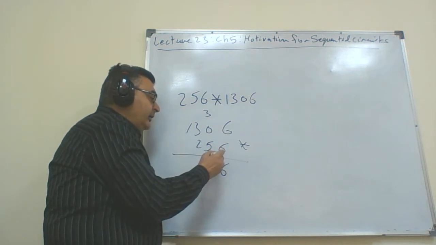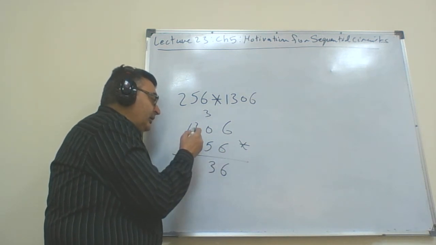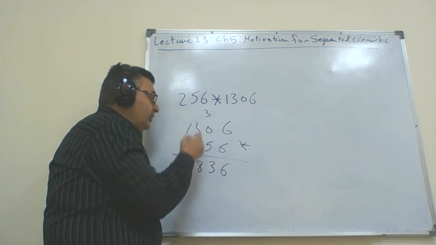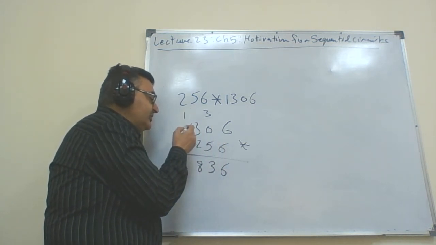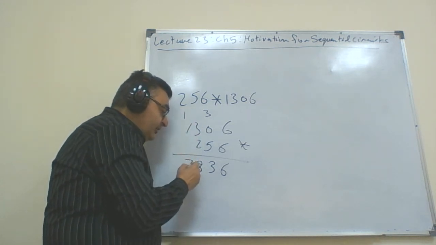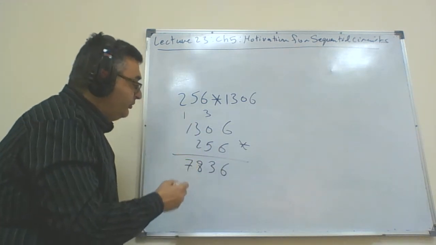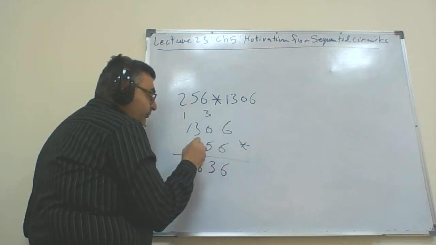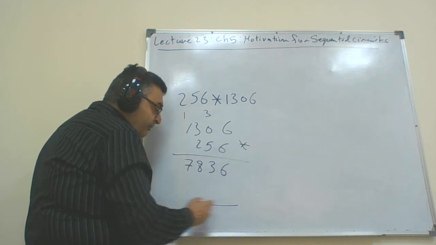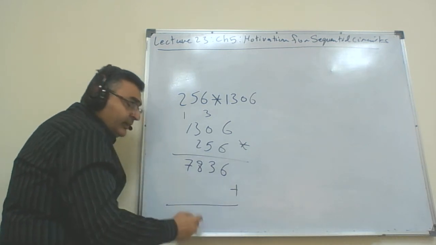Then multiplying 6 by 3, you will get 18. 8 and you have 1. 6 by 1 is 6 and 1 means 7. And so on. So you will go and multiply this by the number, multiply this by the number, making addition, and you will get the answer.